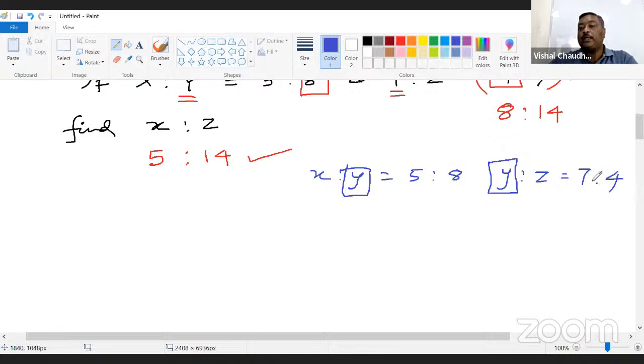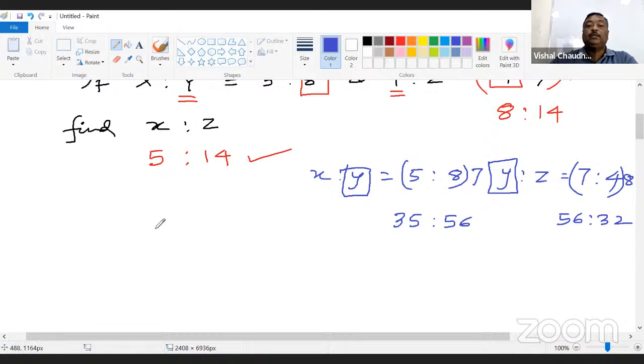What I have to do here is multiply the value of this y here, and the value of this y, that is 8, I will multiply here. So what I will get here is 35 is to 56, and here 56 is to 32.